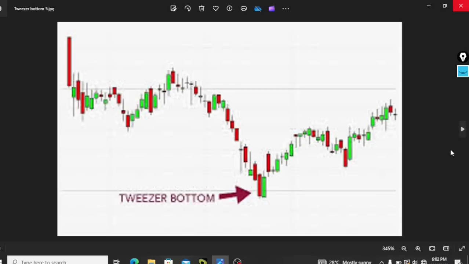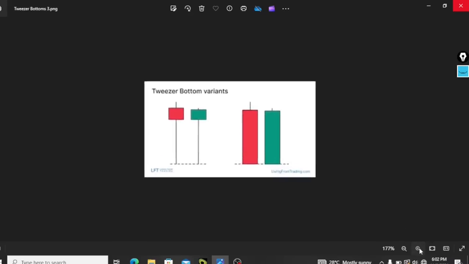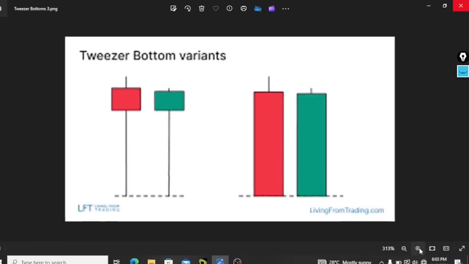Now let me show you another way you can use to identify it. I want to make sure that whenever you see this tweezer bottom, you will be able to identify it. You see these two pin bars, they are of equal length and of equal size.